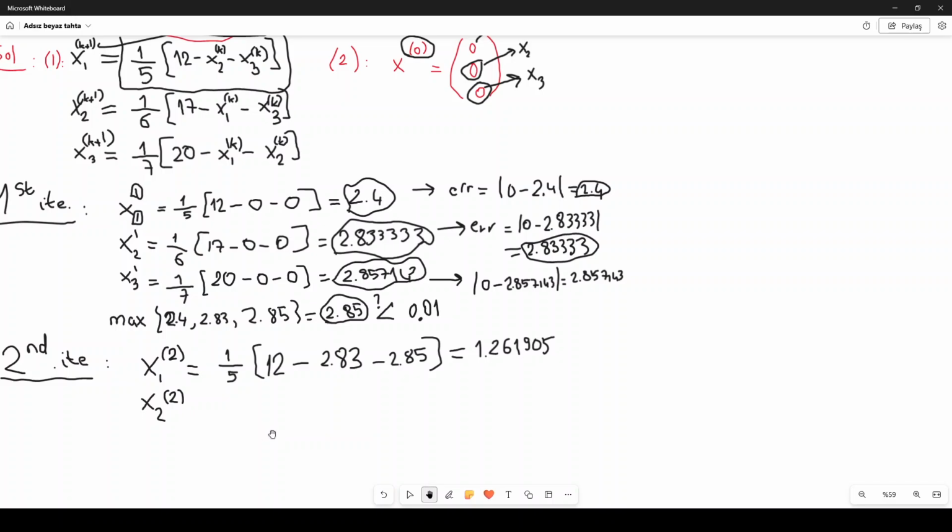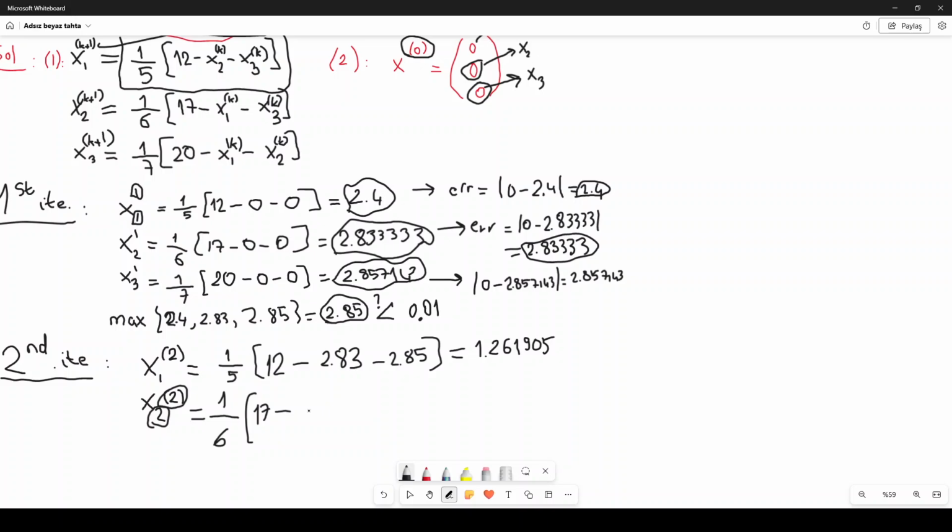You will need to use the new values for the unknown variables that we found at the end of the first iteration. So this time the new value of the unknown variable x2 in the second iteration is equal to 1/6 times 17 minus, but this time I put the x1 and x3 values that I obtained at the end of the first iteration.